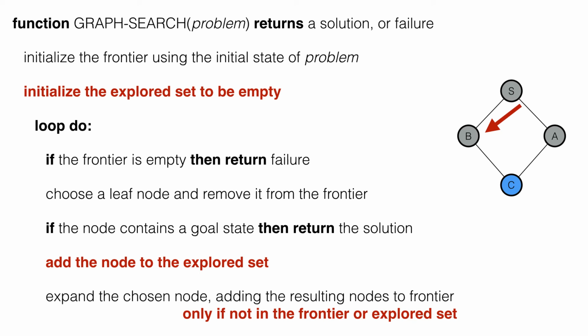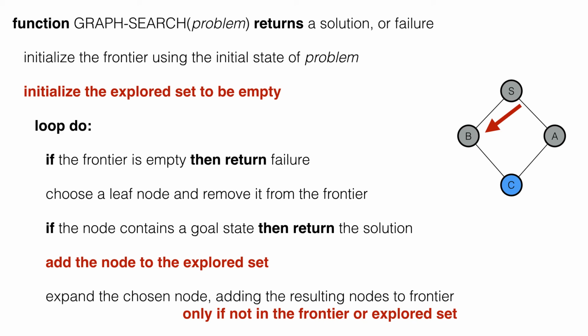So the problem is, in this example, we went from S to A, and then we went to C, or we discovered C and added it to the frontier. And implicitly in what I just said there is that we added C through A. We added C with a path through A and the associated cost of the path through A into the frontier.